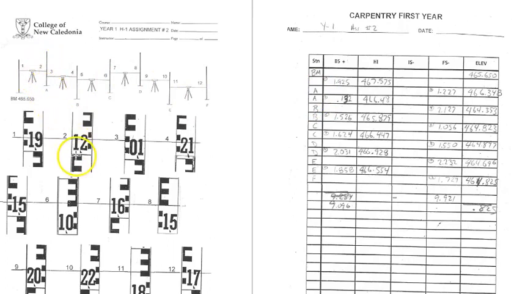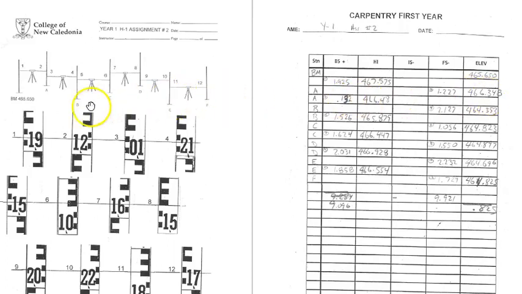The second rod reading we have here is 1.227, and that's what we have over here. It's a foreshot. So our elevation at A becomes the height of instrument minus this rod reading, which comes down to 466.348.